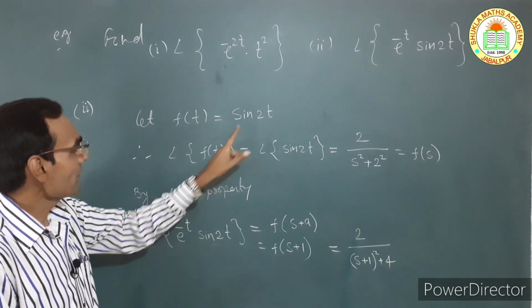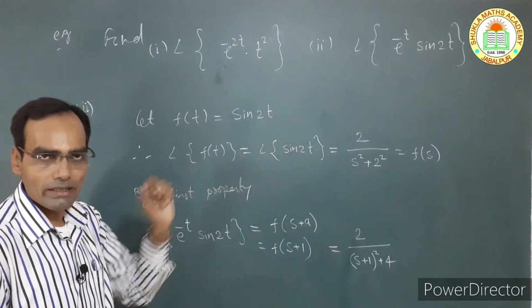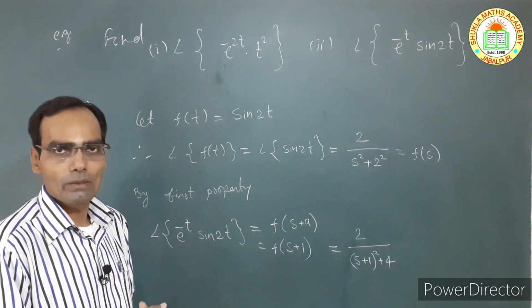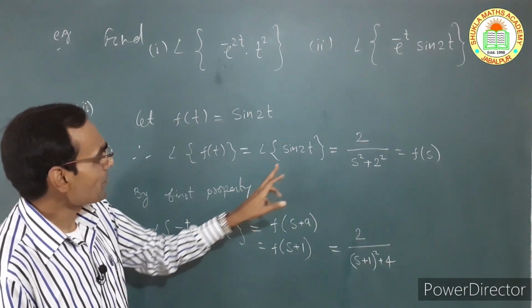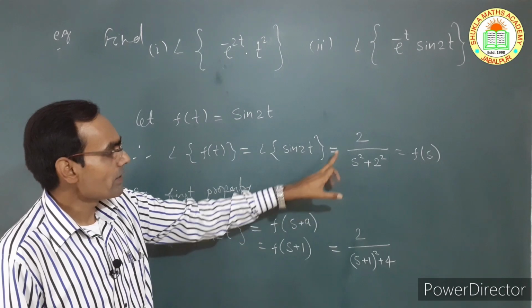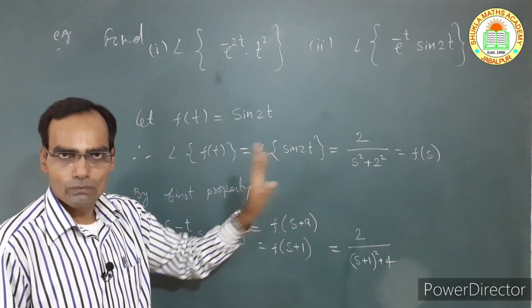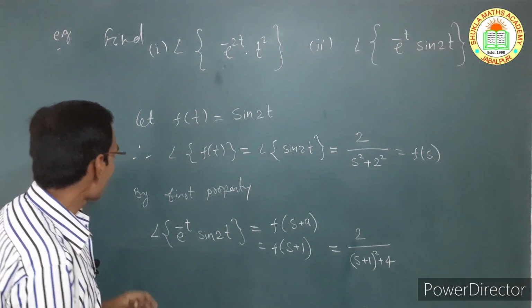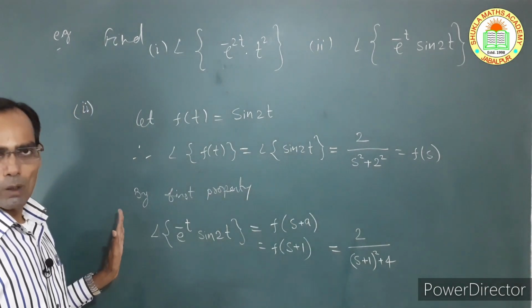We know that Laplace of sin at is a upon s square plus a square. So Laplace of sin 2t is 2 upon s square plus 2 square, and now say it is F(s). After that we must use the first shifting property.